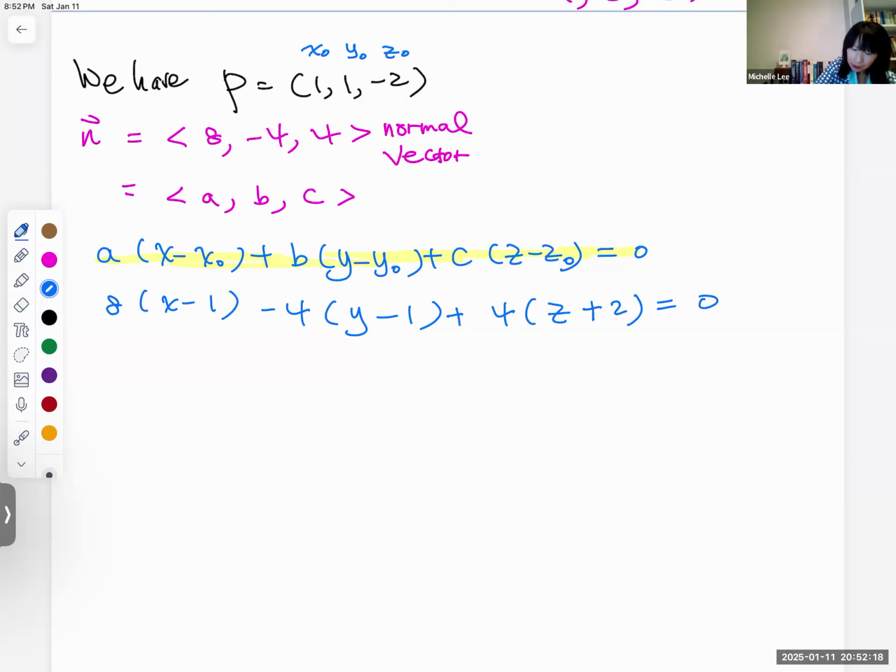We distribute: 8x minus 8 minus 4y plus 4 plus 4z plus 8 equal to 0.